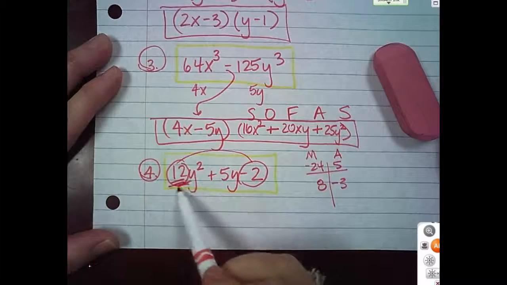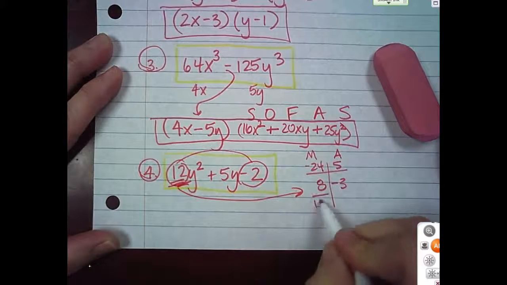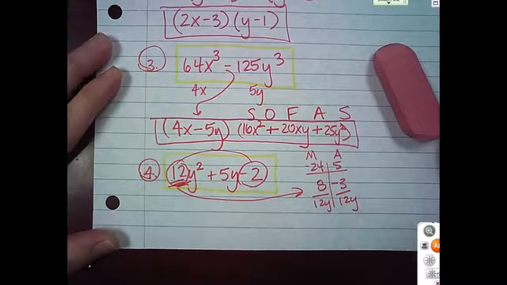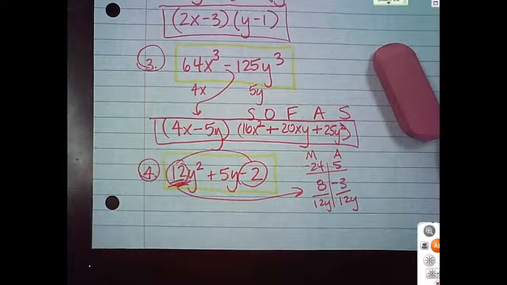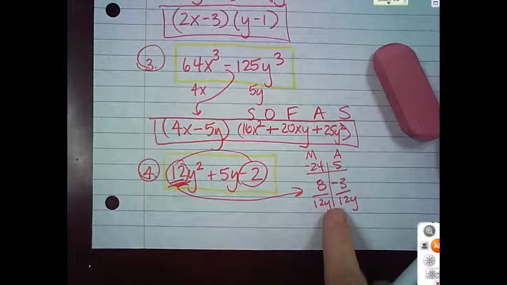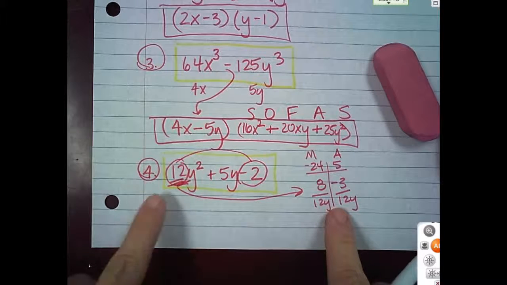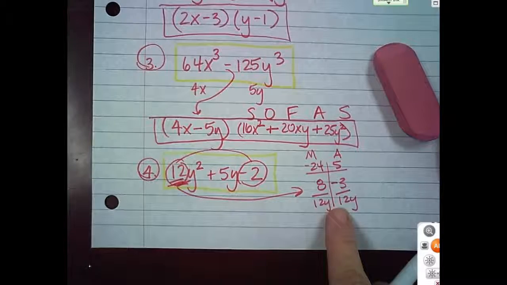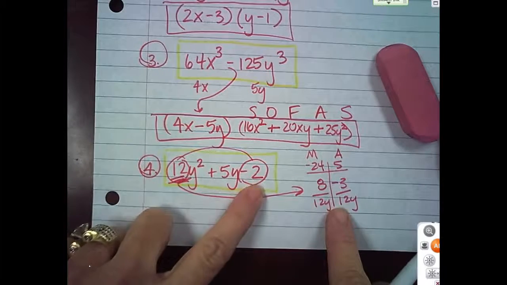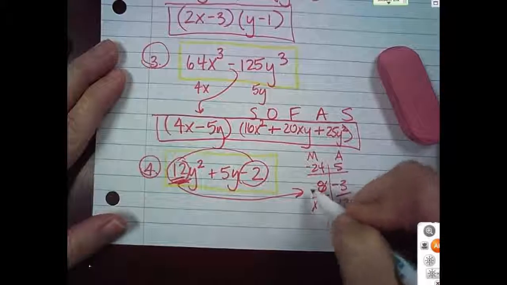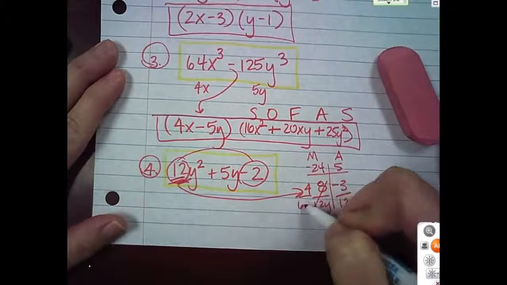Then you have to take the 12y and bring it over here and divide both by your 12y. You're going to simplify. In this case, they both simplify. If they both simplify, you need to look back over and make sure it didn't have a GCF. It didn't, so we're okay. But if they both simplify, it's kind of a reason to look over.